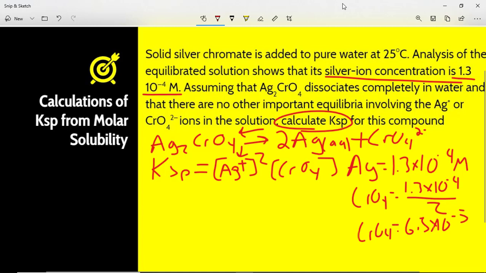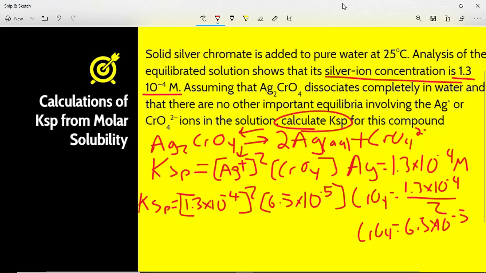So now I just simply plug those into my equilibrium expression and solve. So what we get is KSP. We just plug these values into our equilibrium expression. So we're going to have 1.3 times 10 to the negative fourth squared times 6.5 times 10 to the negative fifth.